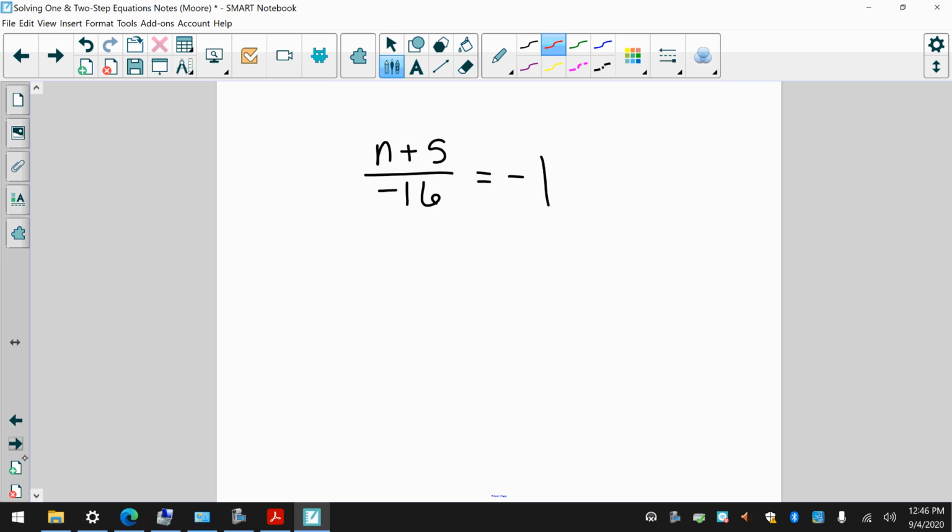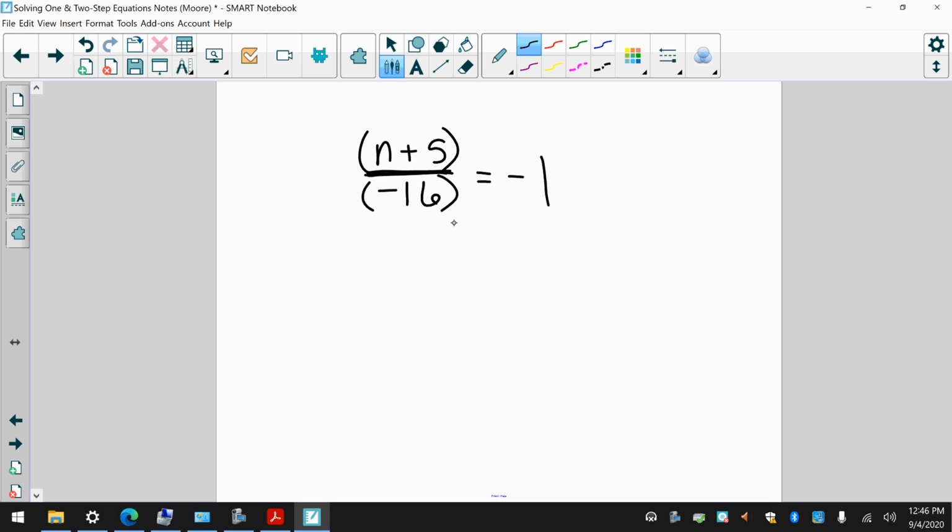Now we have division and addition. Usually we would get rid of the addition first because of SADMEP, you get rid of subtraction and addition. However, if you remember from order of operations, I told you this long line right here has imaginary parentheses, everything on the top and everything on the bottom.